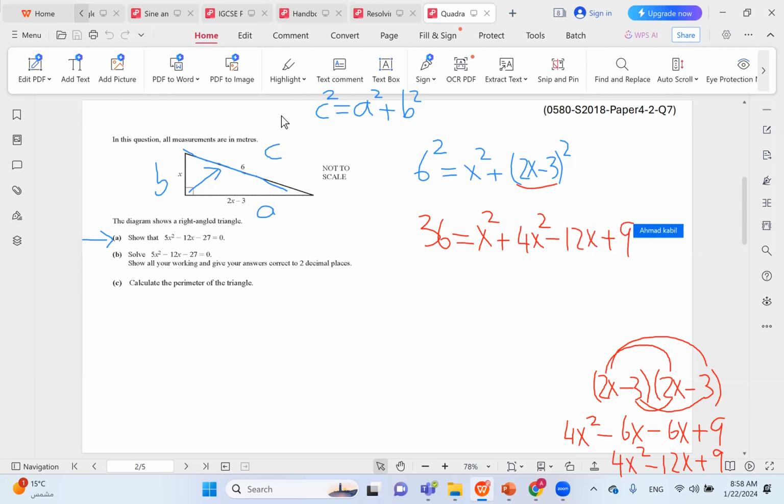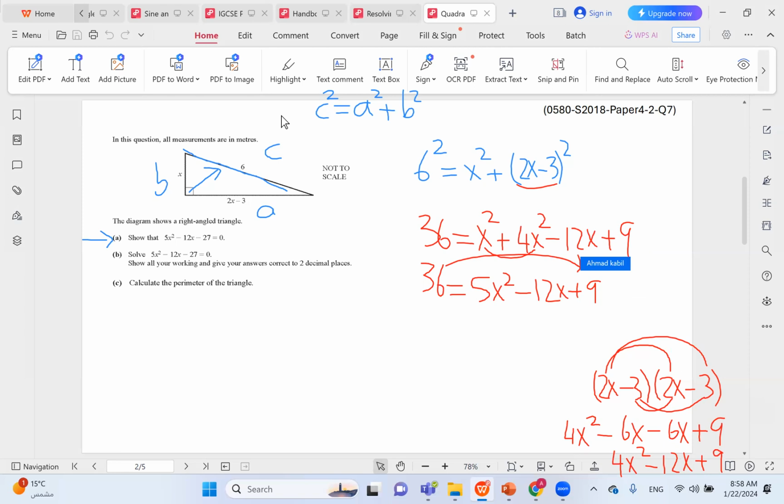And then we simplify and collect the like terms and so on. So we have 36 equals x power 2 plus 4x power 2 gives us 5x power 2. And then minus 12x plus 9. And we can always take the 36 to the other side.